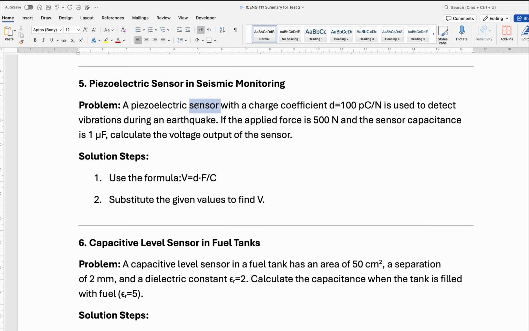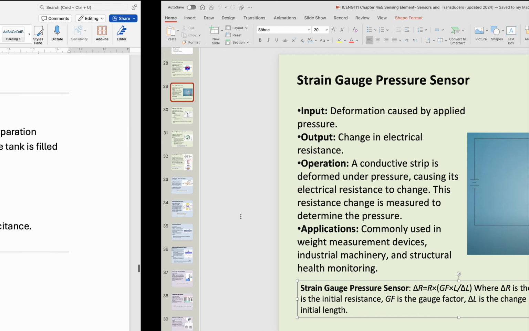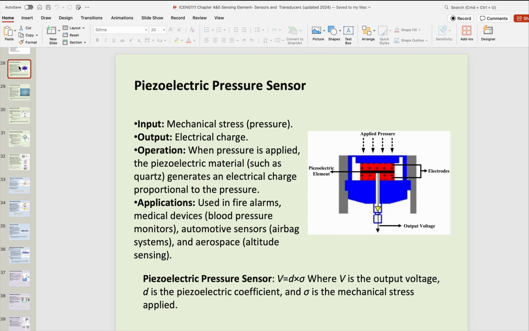A piezoelectric sensor, again, same story as we have solved before. I think we already solved it, so I don't need to solve it again. Maybe I need to show you that just to read.